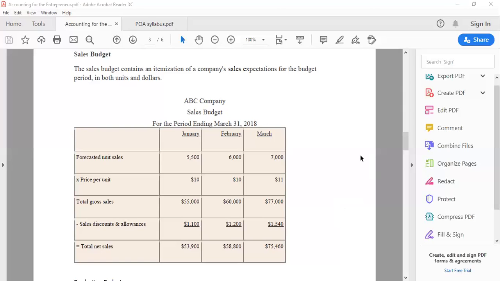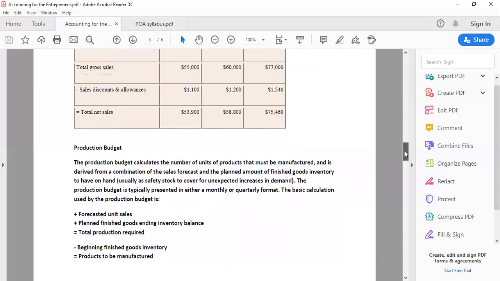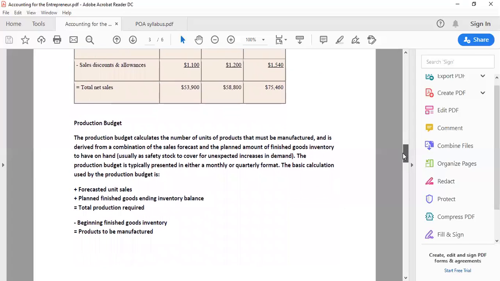When we know our budget, meaning how many units we are planning to sell, we can use this to help us come up with our production budget. The production budget calculates the number of units of products that must be manufactured. If we know we're planning to sell a certain amount, from that we have to plan how much we are making.